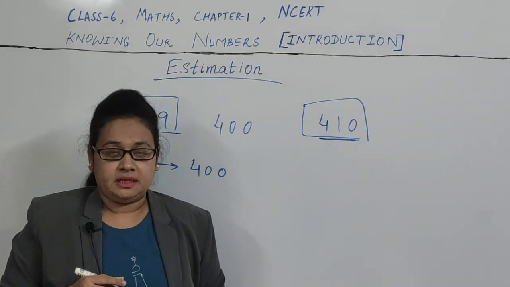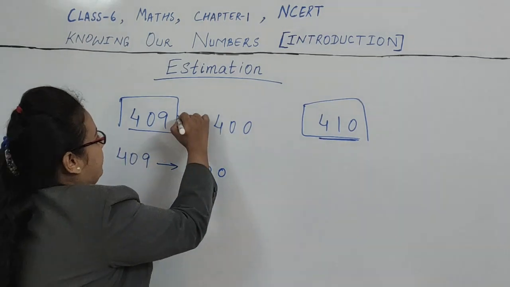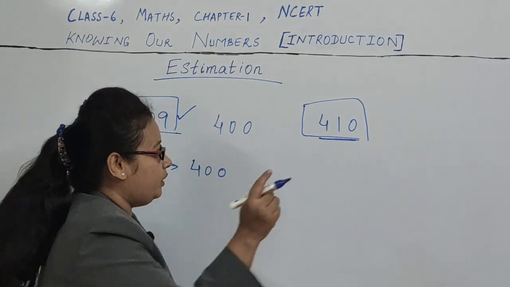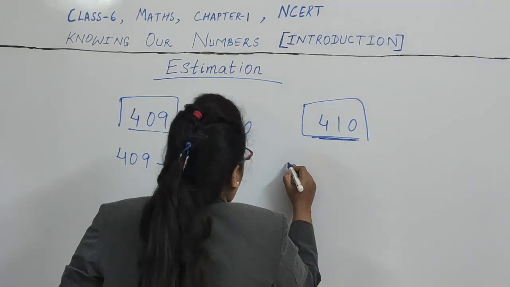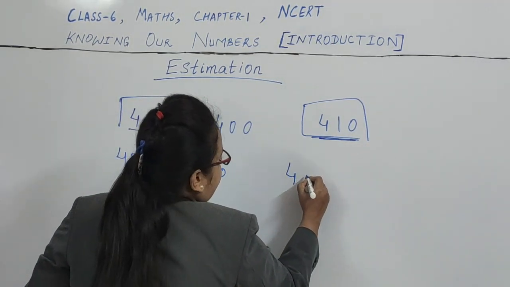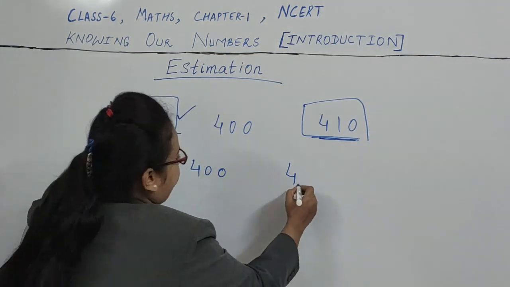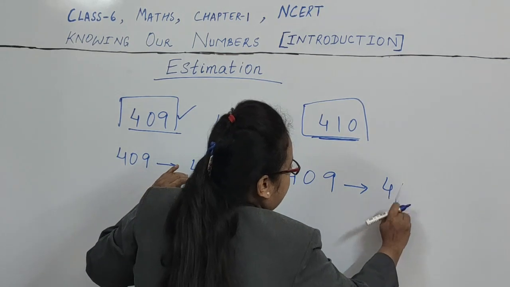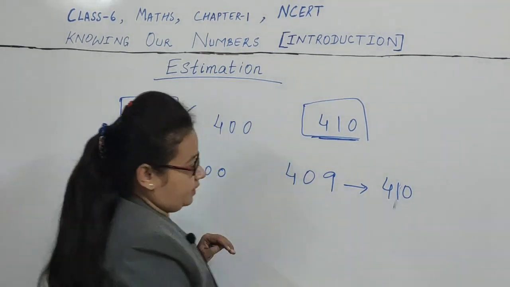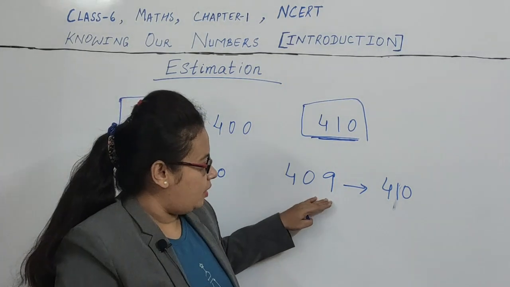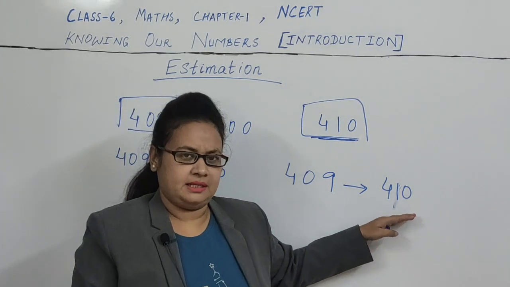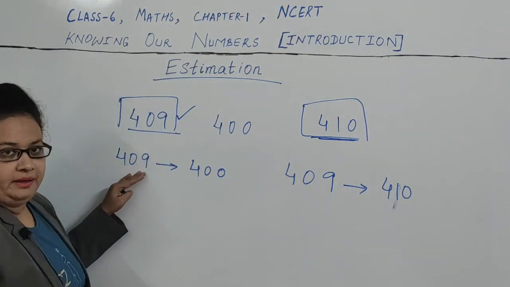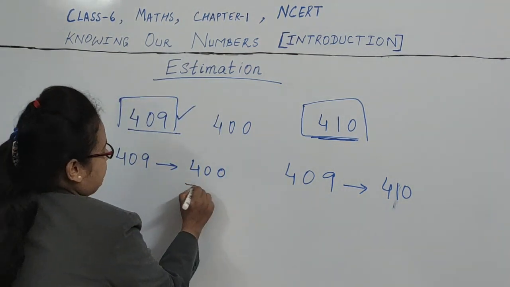But the shopkeeper said, give me 409 rupees and take the gift. It means he rounded off your money. 409 is rounded off to 410. So he rounded off 409 to 410 and said that you can take the gift. How did you round off 409? You said it is 400.